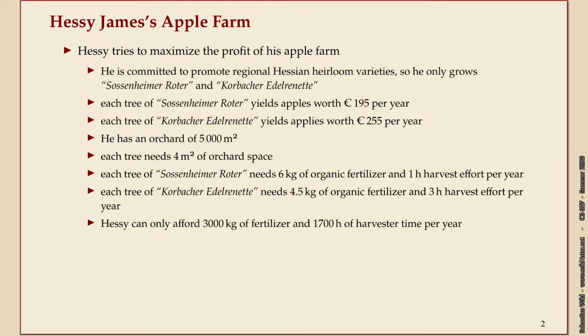Let's introduce what this is about with a little whimsical example. So suppose you're an apple farmer, and you're trying to maximize your profit, but of course there are constraints of real life that stop you from just earning infinite money. I guess the way to earn infinite money is to have as many trees as you can think of, and also sell your apples at infinite prices, which for various reasons won't work.